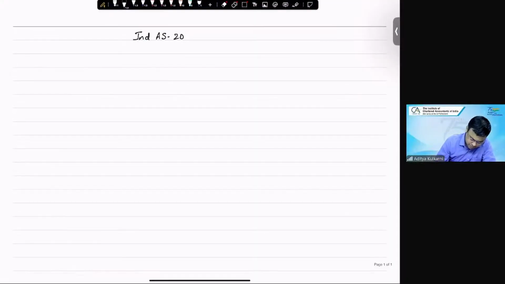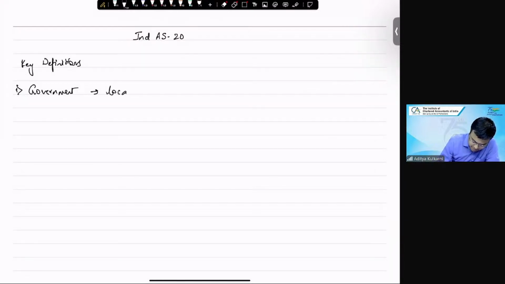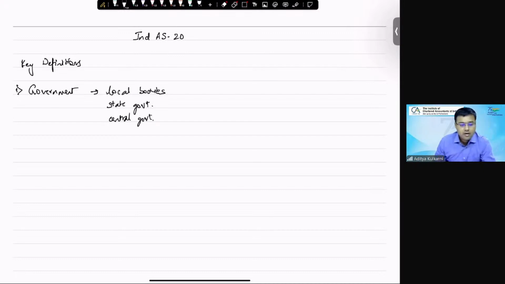So when I come to the first one, key definitions. First one, when we talk about government, it could mean local bodies, okay, municipalities, panchayat, etc. State governments. It could mean central government. It could mean international government.